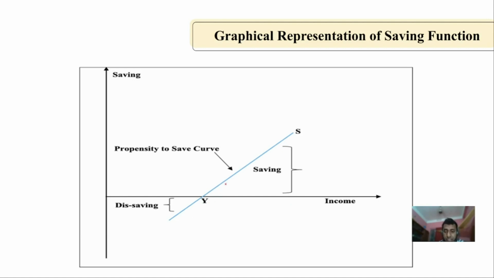As the income increases, the saving crosses the zero mark and becomes positive. The slope of the function is 1 minus c, the MPS, meaning the more people save from each additional unit of income, the steeper the line.